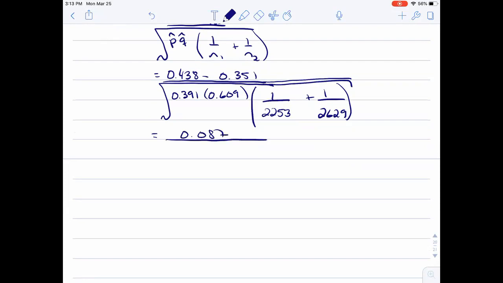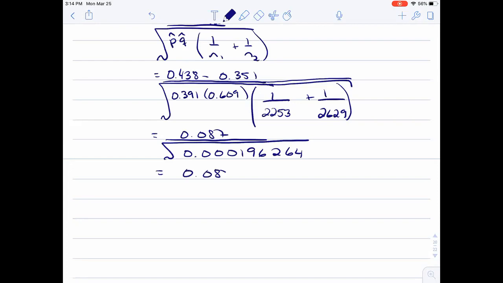So that part's done. Over the square root of, and I'm just going to plow through it here. So I've done the big fractions being added together, and then times 0.609 times 0.391. So I've got the square root of 0.000196264.